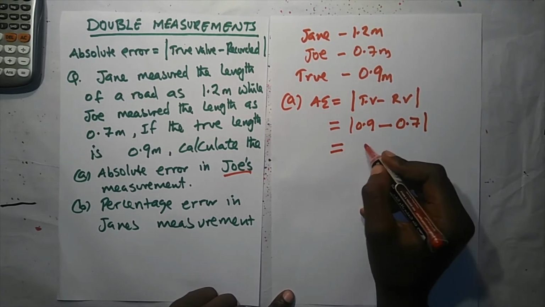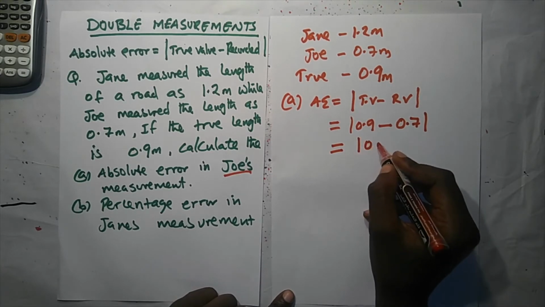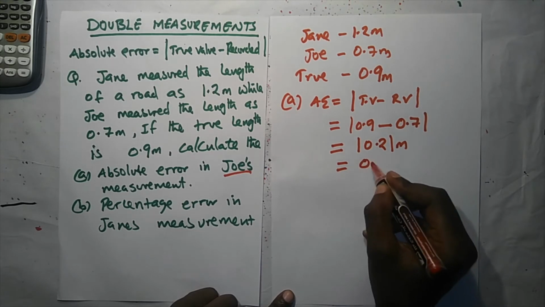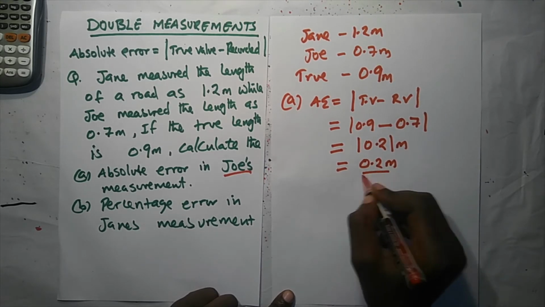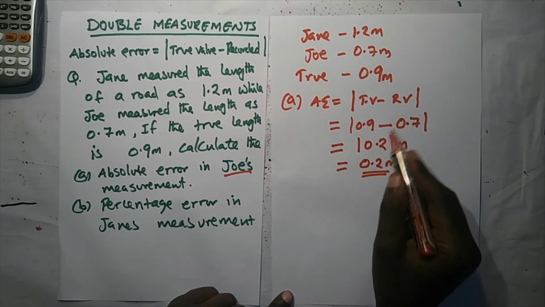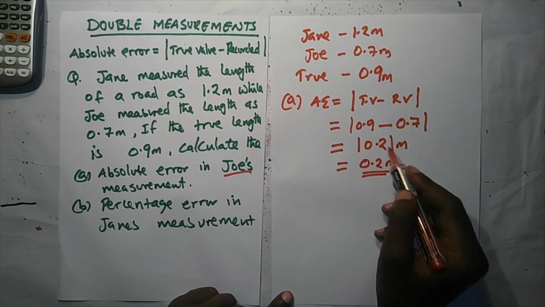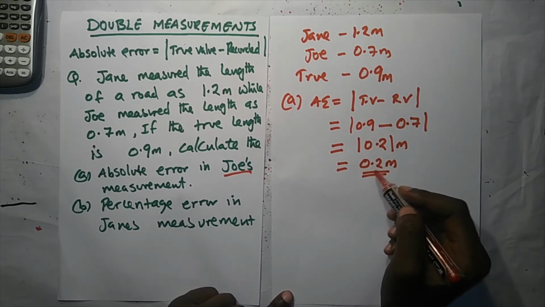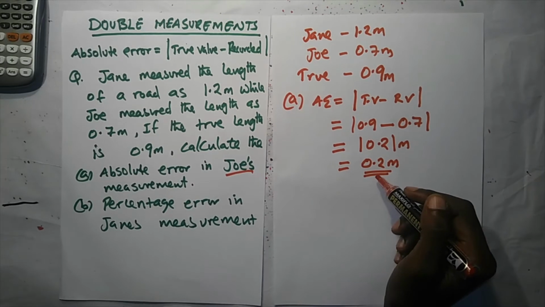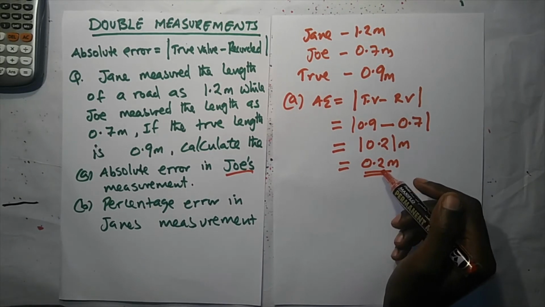When we subtract these two, we get 0.2 meters. The answer should always be positive. If you find a negative answer after subtracting, when you remove the modulus symbols, you have to change the answer to a positive. So the absolute error in Joe's measurement is 0.2.